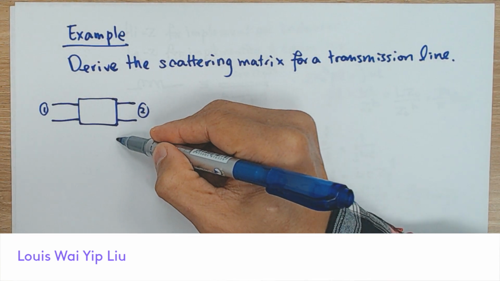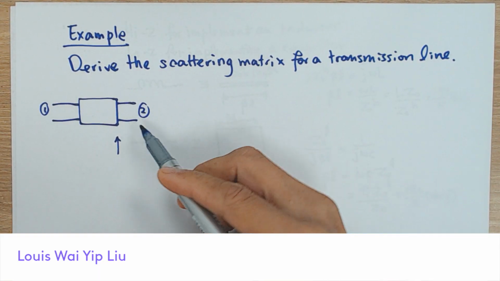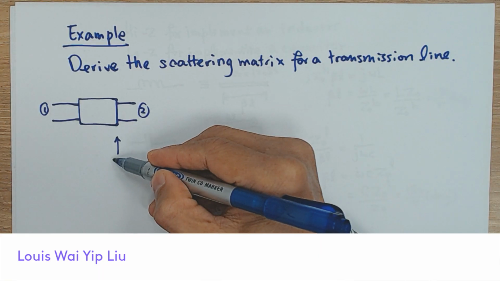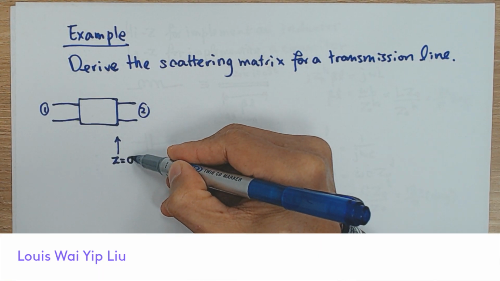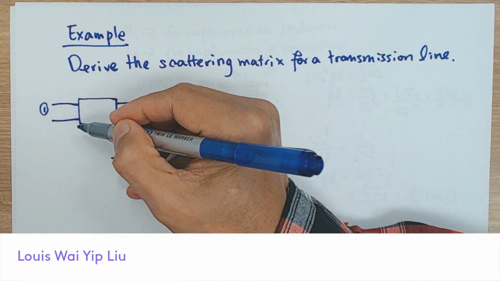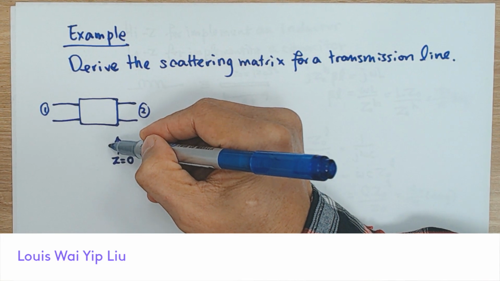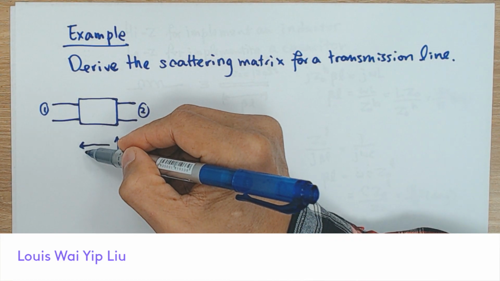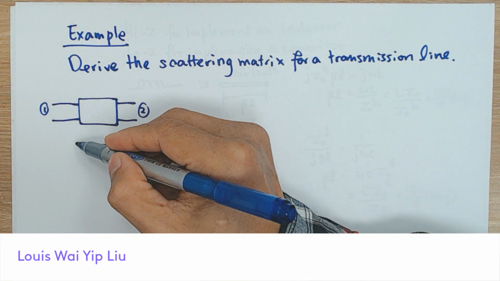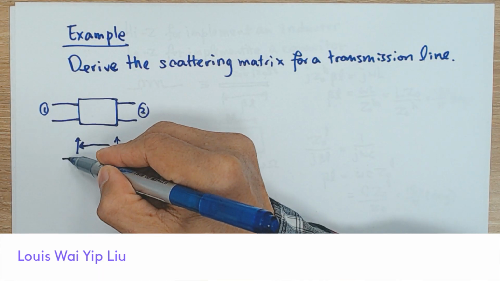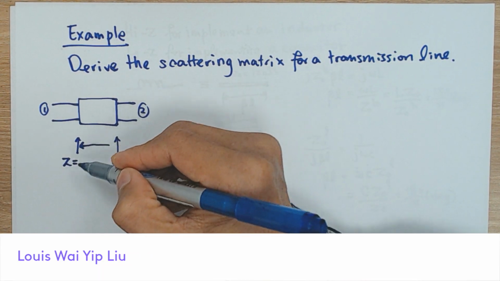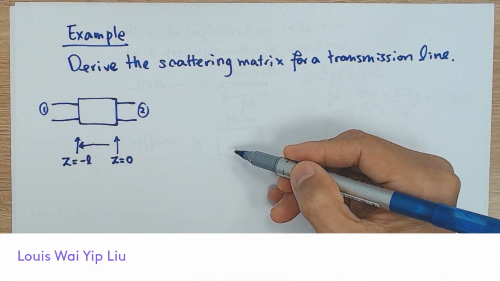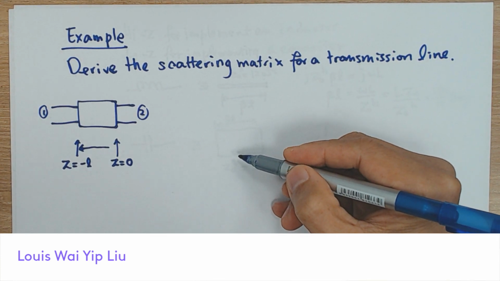And we can say the position right at port 2 is where z is equal to 0. And at port 1, we just go backward for a length of minus L, so that's why we say that z at this point at port 1 is minus L. So we are ready now.